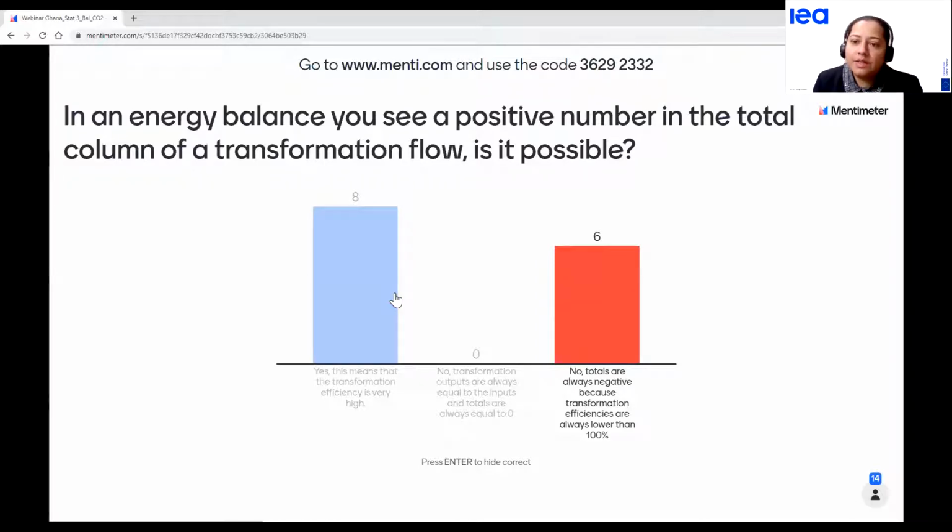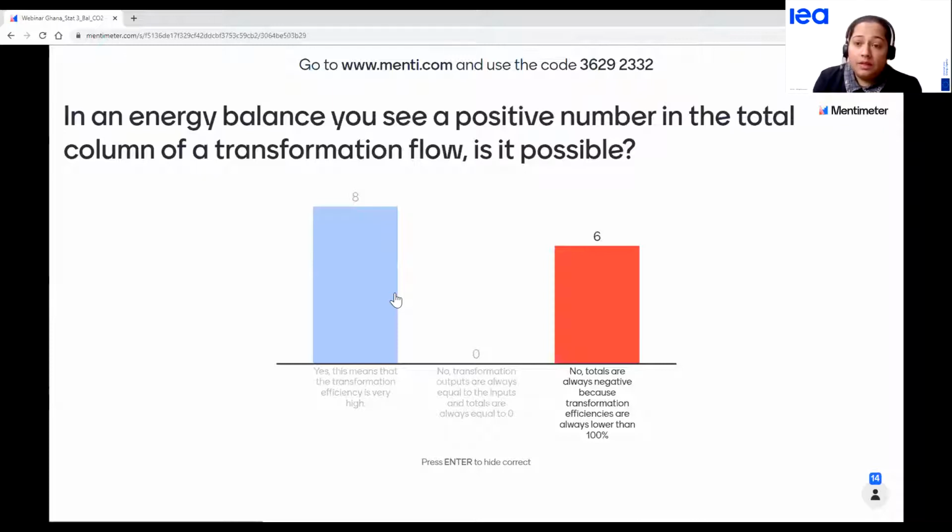Technically, it's not possible to have more output than input in energy terms, and logically, your efficiencies should always be less than 100. In commodity statistics, it could happen in physical terms that you have a bit more output than input, but in energy terms, you cannot produce more energy than what you're inputting.